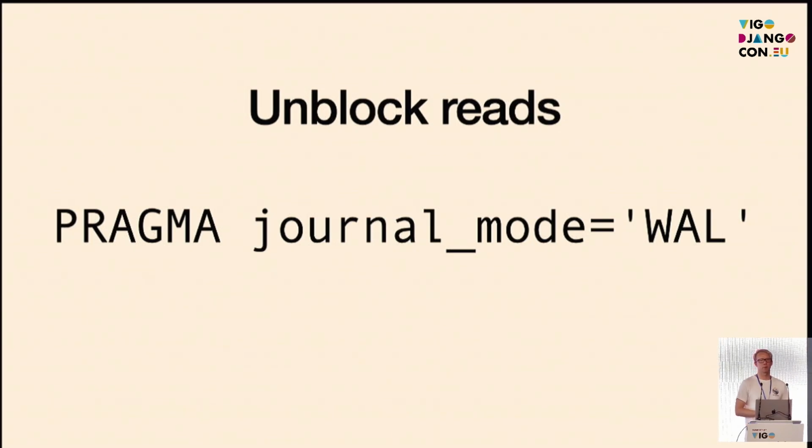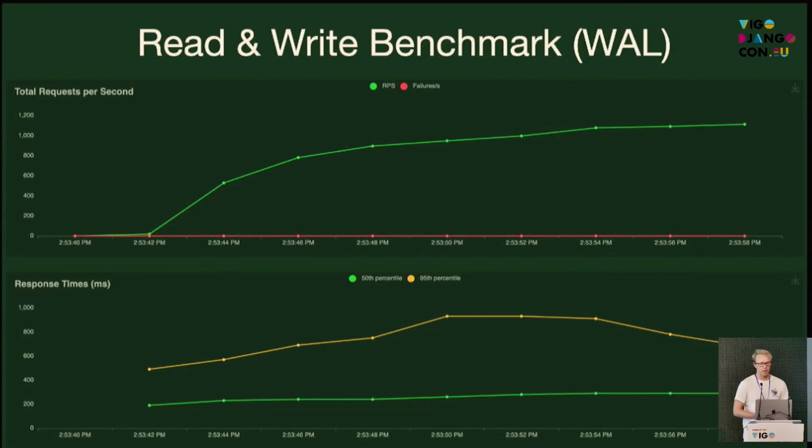But it is a stable way to resolve these issues, at least for your reads. And as we can see for this new benchmark with write-ahead logging enabled, we are back to around 1,000 requests per second, which makes it still slower than when we were doing only reads, but it is usually fast enough for certain types of applications.